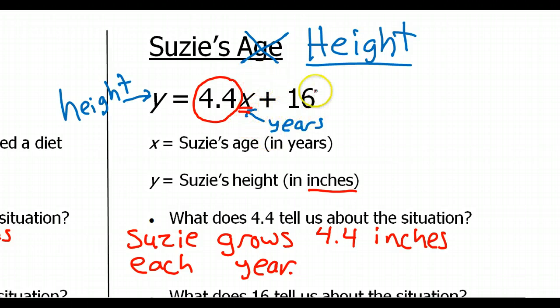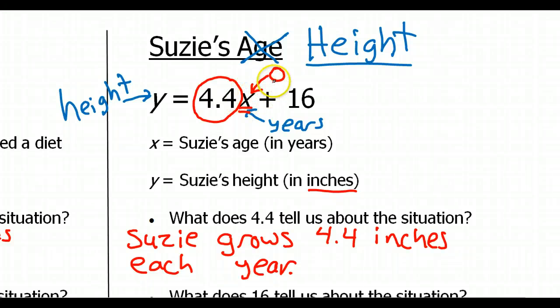Because if I want to know what this value on the end means, I want to imagine what it would mean for X to be 0, because that's the beginning of everything. If X is Susie's age in years, if X were 0, that means that's the day that Susie's born. She is 0 years old. She is firstborn. She's not even 1 year old.